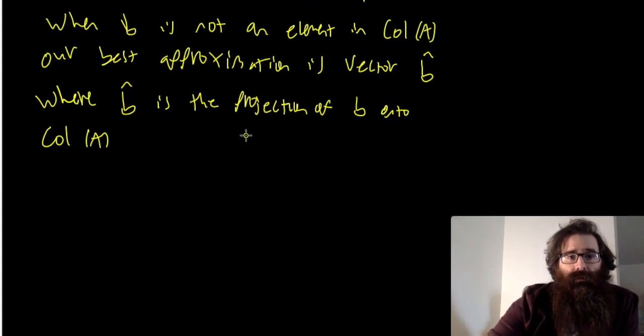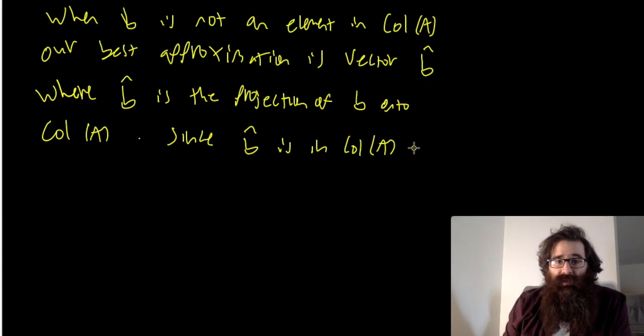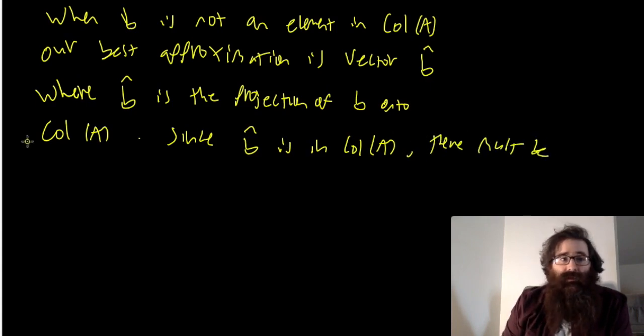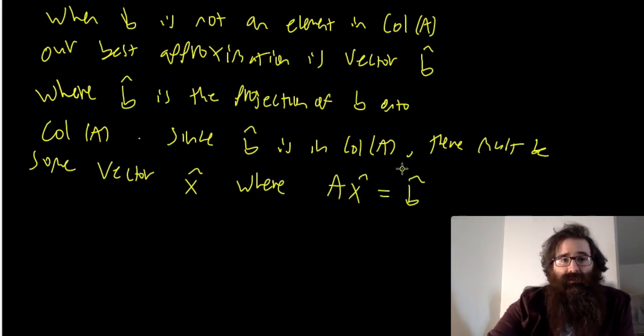So we'll say the following. Since B hat is in the column space of A, there must be some vector, I'm going to call it x hat, where A times x hat is equal to B hat.